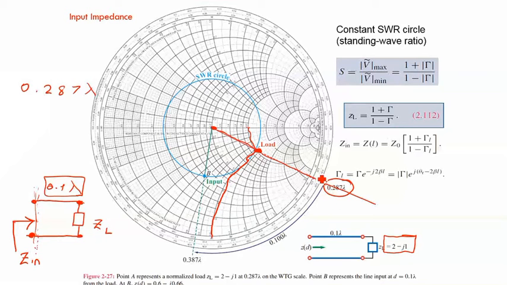Now what we are going to do is increase its length by 0.1 lambda.